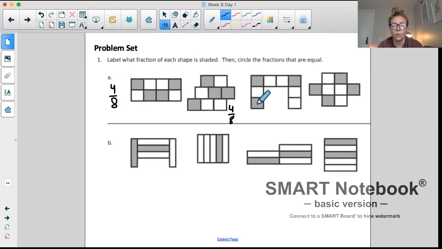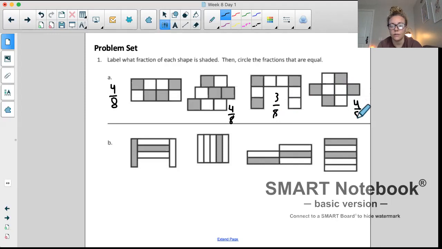And then 1, 2, 3 parts shaded out of 1, 2, 3, 4, 5, 6, 7, 8. And then 1, 2, 3, 4 parts shaded out of 1, 2, 3, 4, 5, 6, 7, 8. Okay.